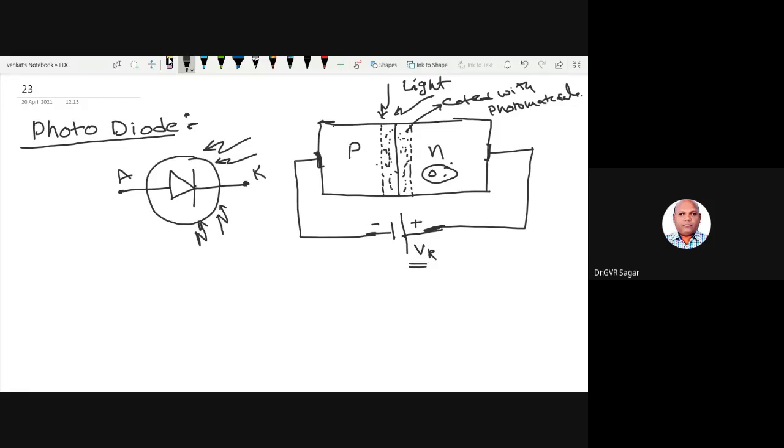This is the symbol, this is the constructional diagram and the operation. Coming to the characteristics, because it operates in reverse voltage and reverse current, I am showing them in the characteristics here.